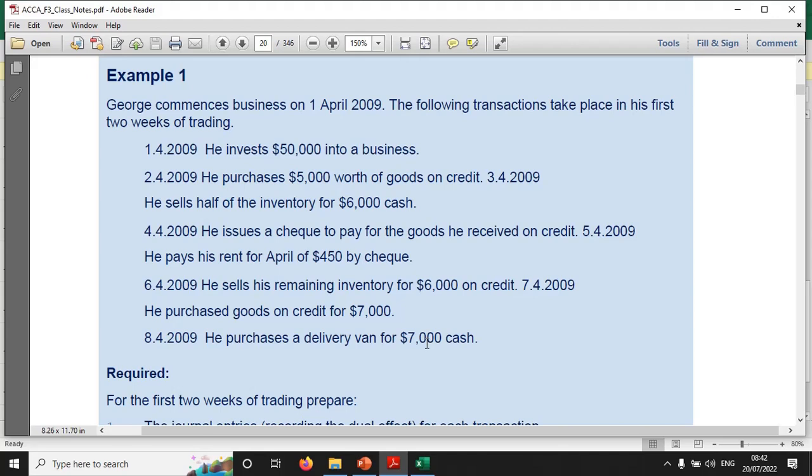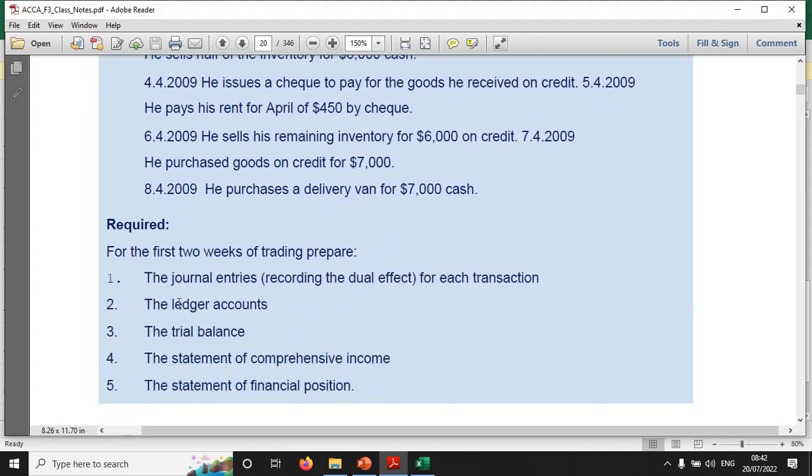The following transactions took place in his first 2 weeks of trading. What we're going to be doing will be opening T accounts, and then we'll be populating them. I'm going to skip deliberately the first requirement because we did this yesterday, but I'm going to start from the second all the way up to 5. Okay?